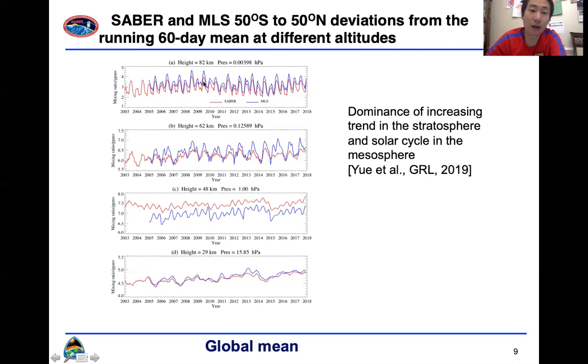We avoid the polar region because of the SABER yaw cycle. So SABER is turning around every 60 days to avoid facing the sun. And this is a running 60-day mean, so it's about the running yaw cycle mean.